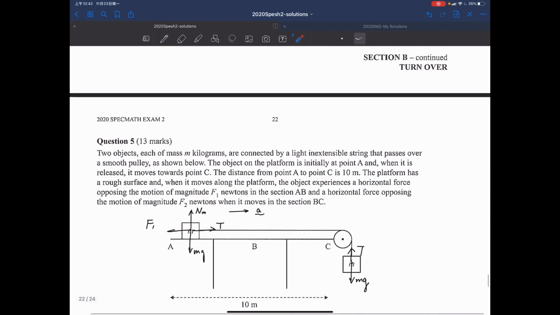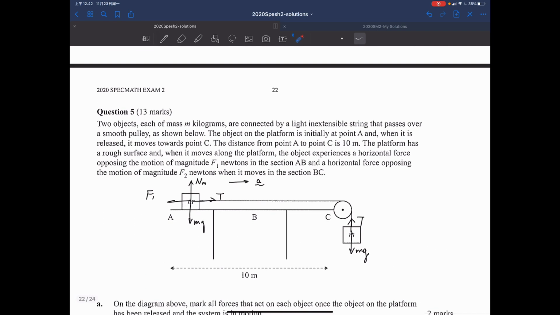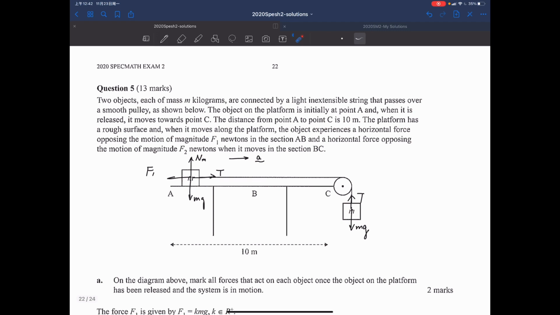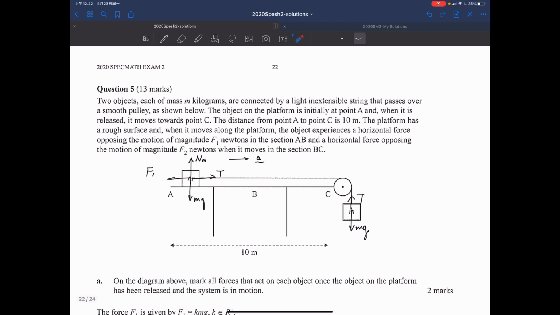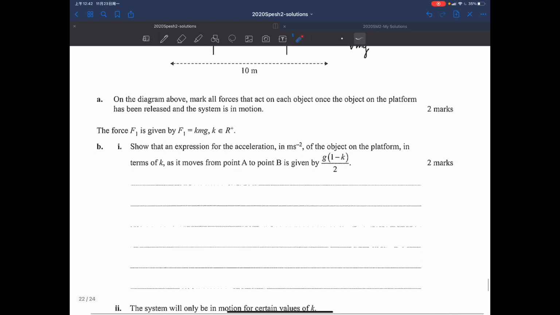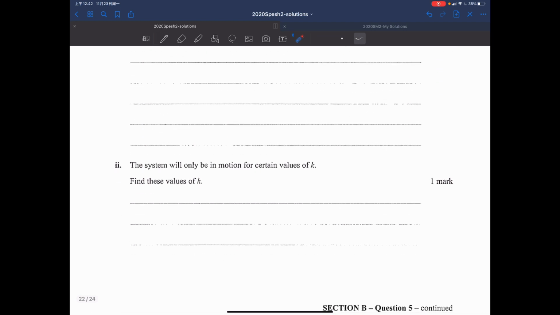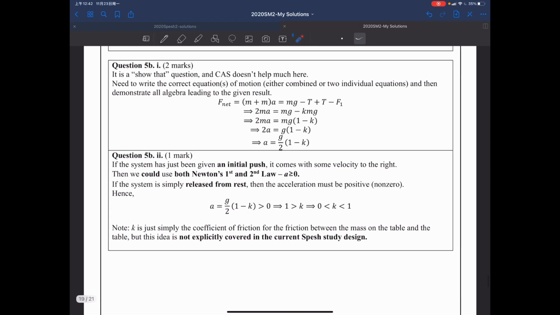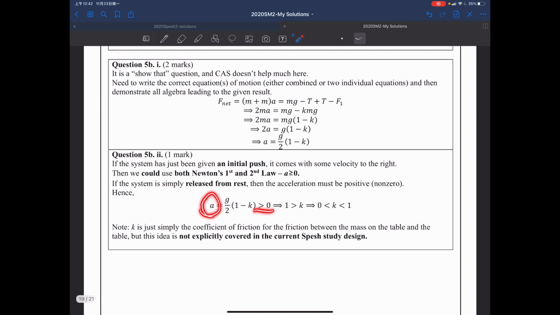But what's important here is that the object on the platform is initially at point A. Okay, initially at point A. If it's starting from rest, to be safer, I would say the acceleration is just greater than 0.